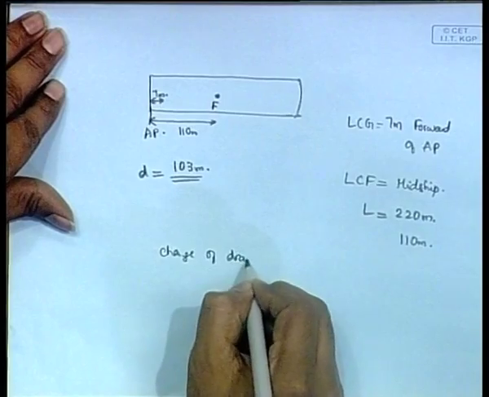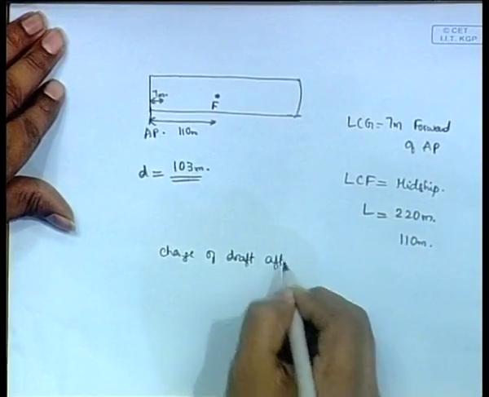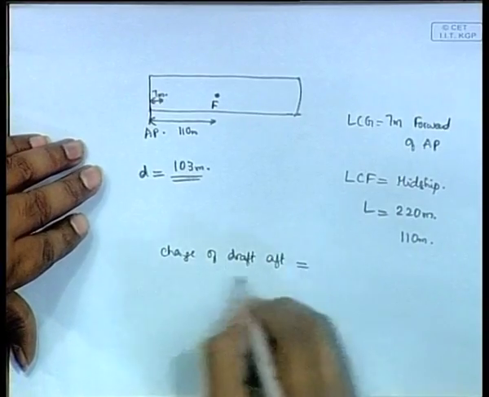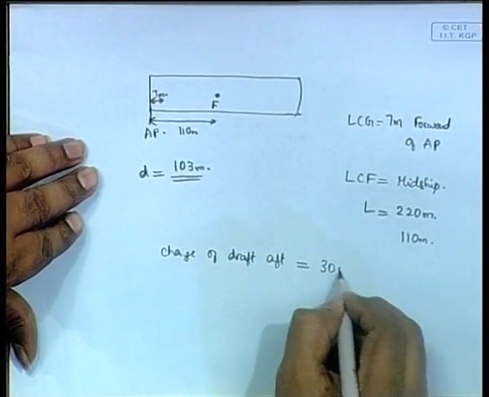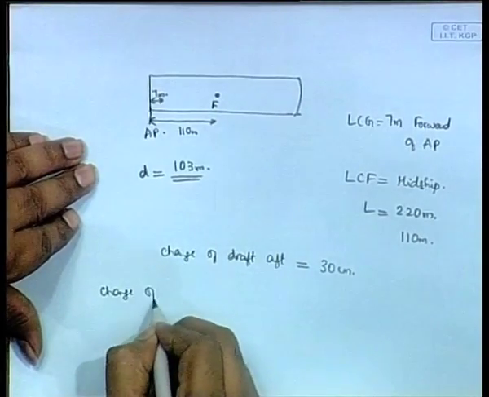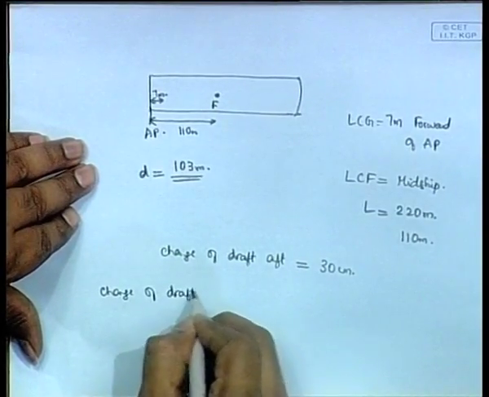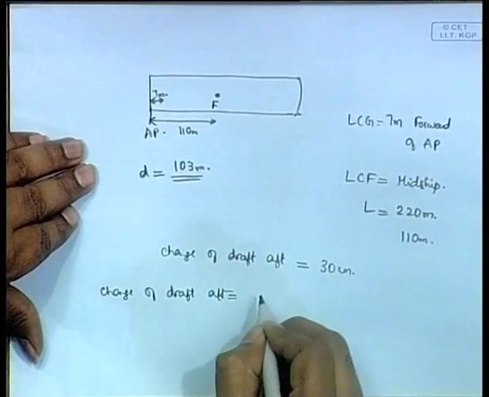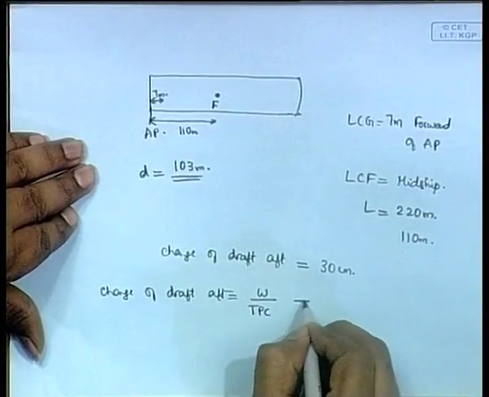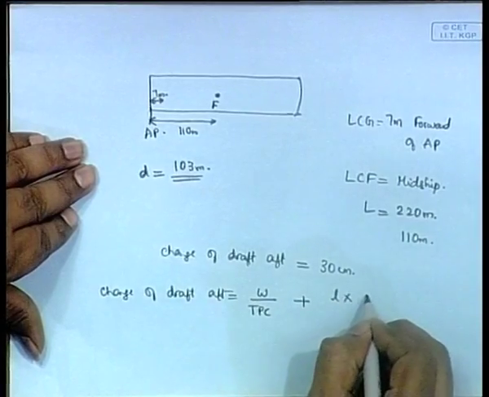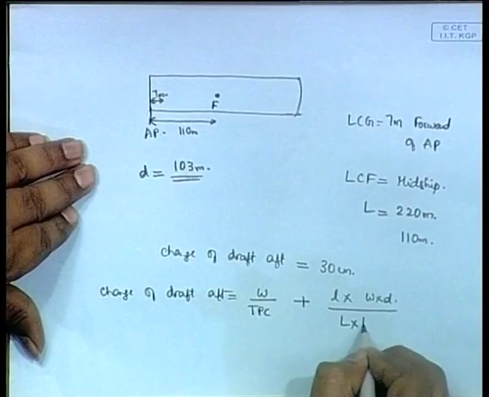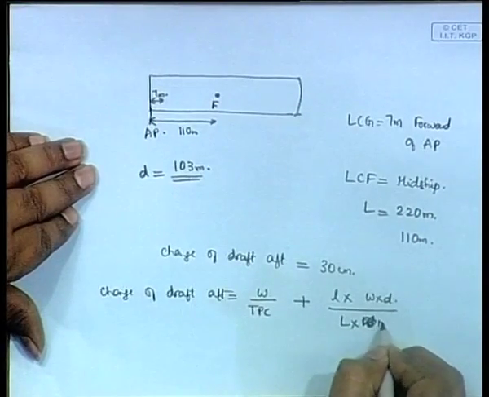we are doing the minimum, okay. We can of course make it lesser, but there is no point in that. Change of draft aft is 30 centimeters, and we use the formula: change of draft aft is equal to W by TPC plus l into W into D by L into MCTC.